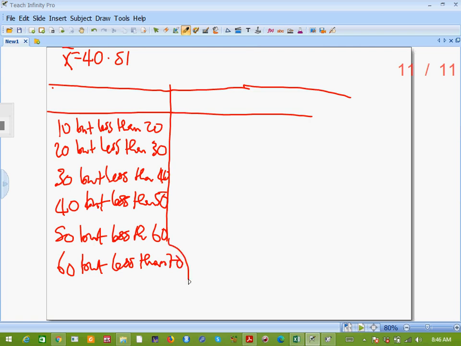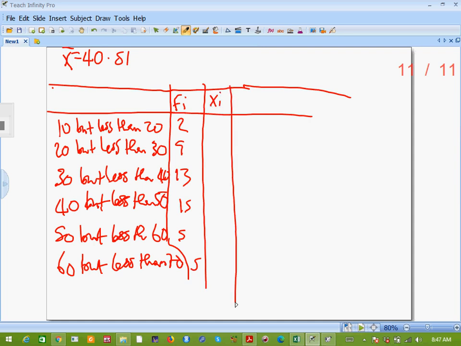Okay, so we had our fi, which was 2, 9, 18, 15, 5, 5. Then we have our xi: 15, 25, 35, 45, 55, 65.